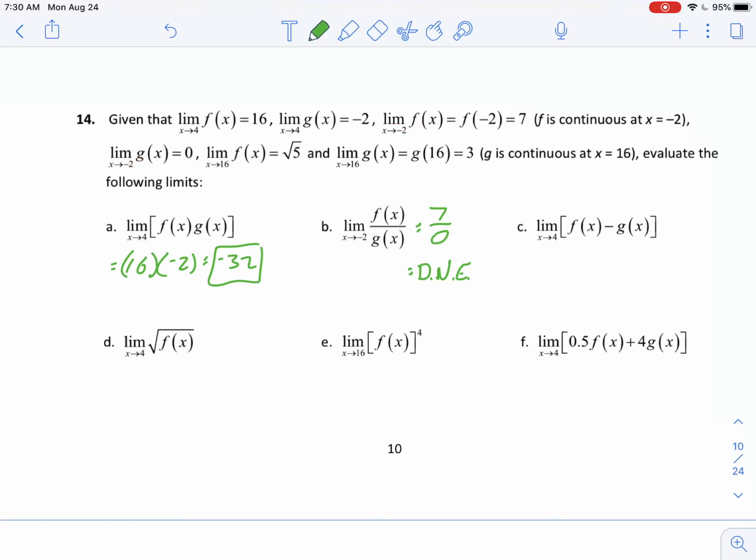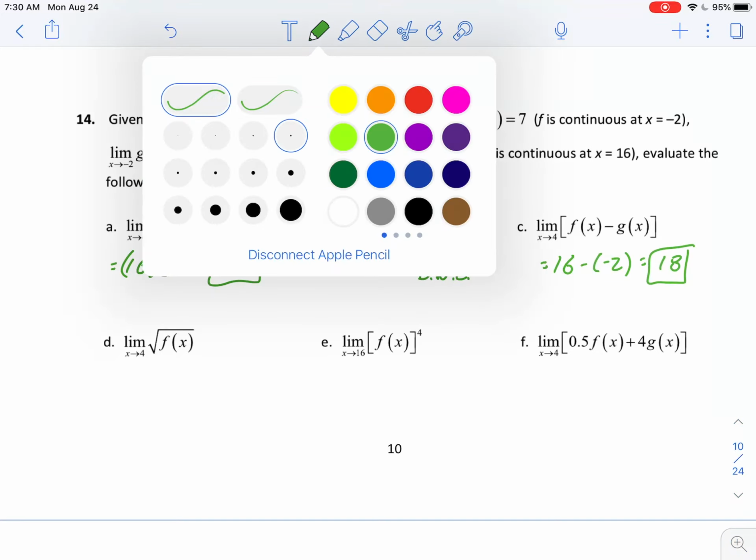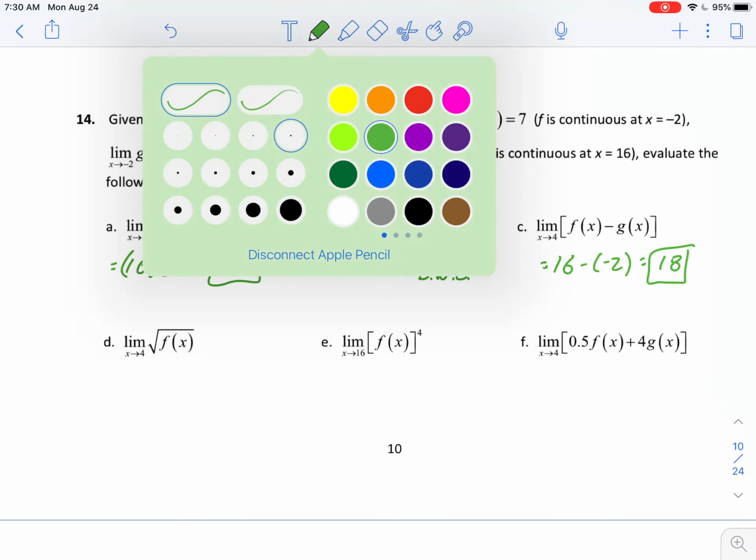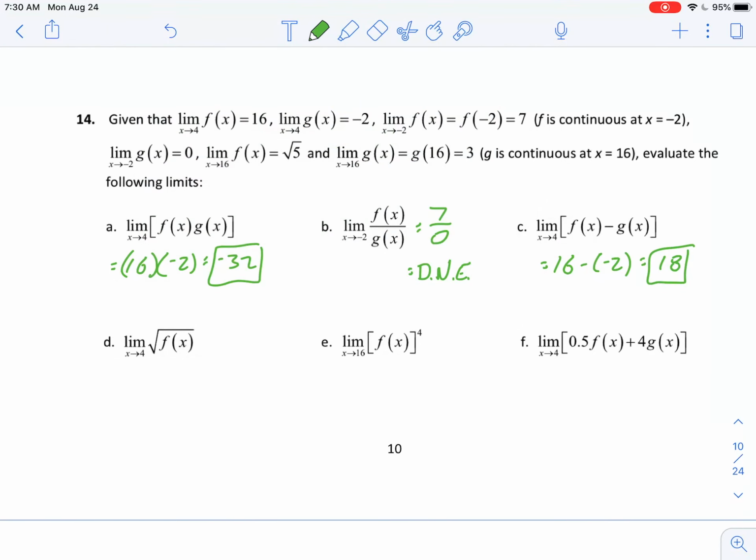Okay, moving on. The limit as x approaches 4. So I have f of x, which is 16, minus g of x, which is negative 2. So it's 16 minus a negative 2, 18. The square root of f of x, this is the power property. So as x approaches 4, this would simply be the square root of 16, which is 4.